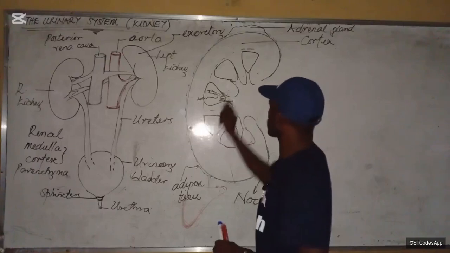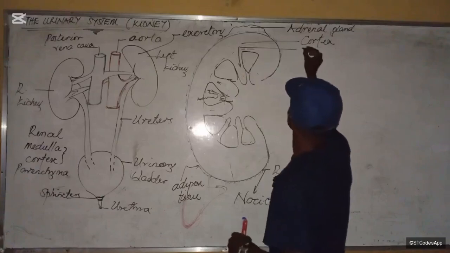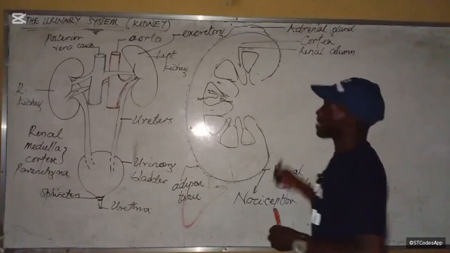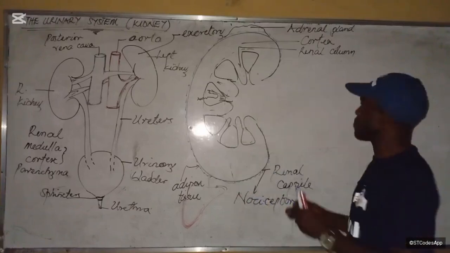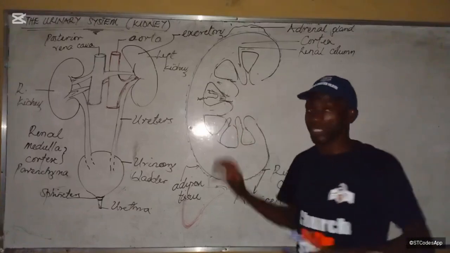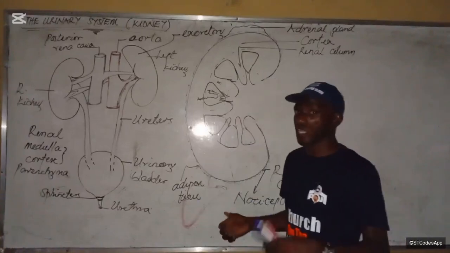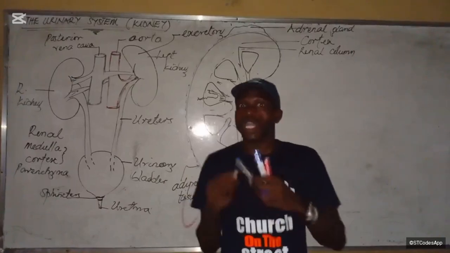Now, these spaces here that you see, they are called the renal columns. So they are the columns of the kidney. Now, each of these pyramids has thousands and millions of nephrons. Those nephrons are so tightly packed and convoluted.